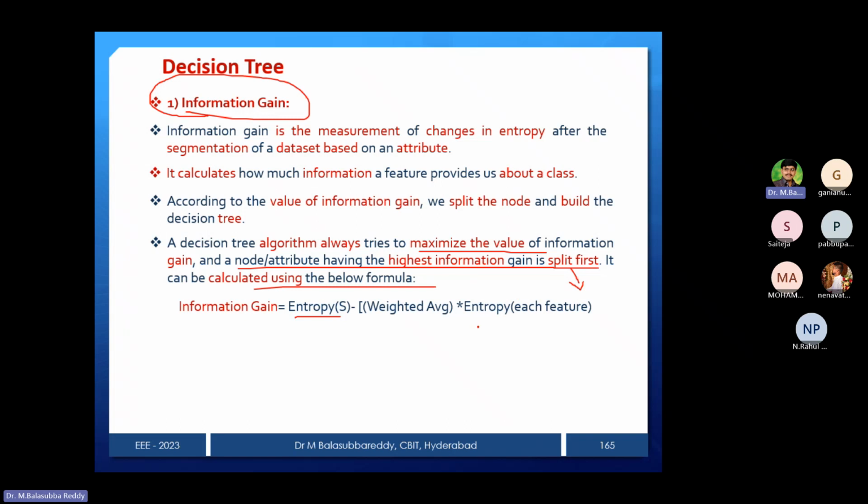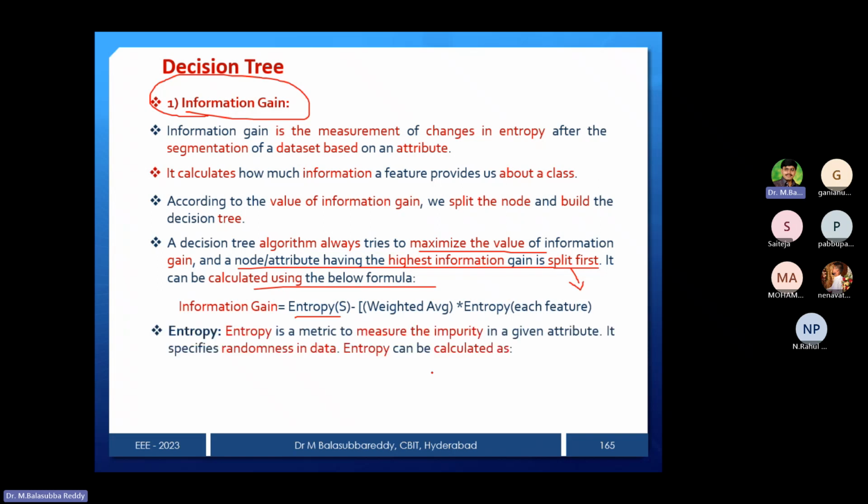Based on this formula, we are able to get the value of information gain. In the information gain, you take entropy of S minus the weighted average times the entropy of each feature.